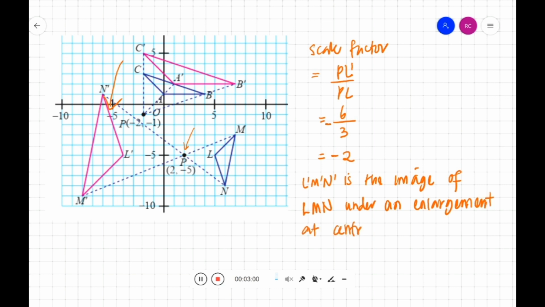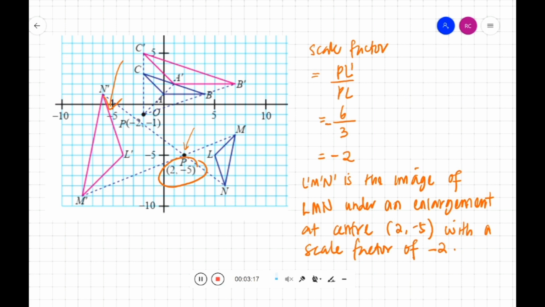Where is the center? The center is (2, -5) with a scale factor of the one that we found just now, -2.